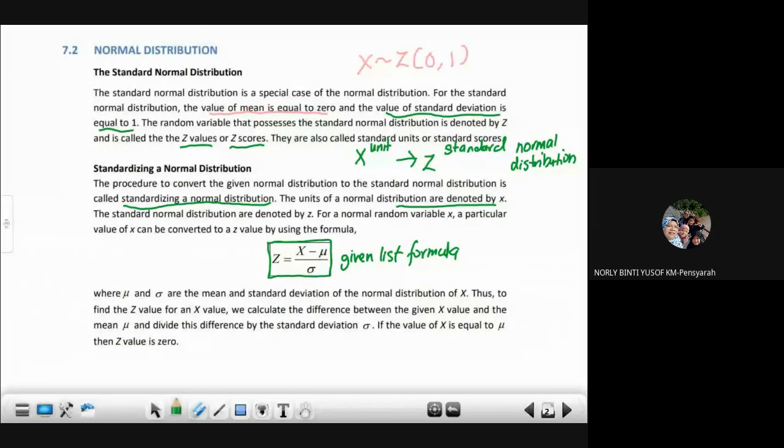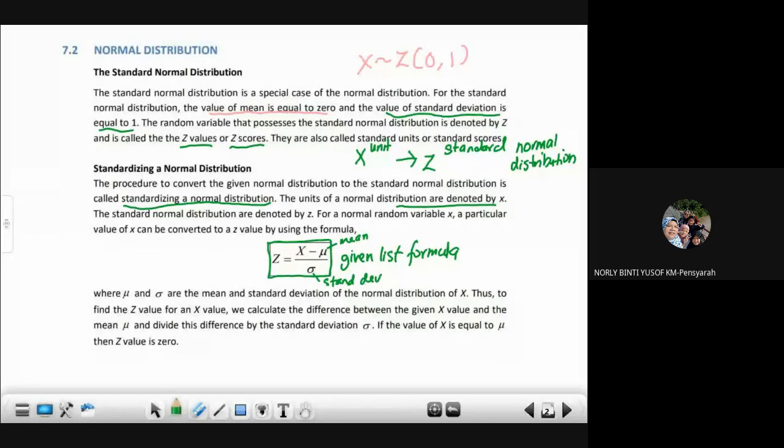For a normal random variable X, a particular value of X can be converted to a Z value by using the formula: X minus the mean, divided by the standard deviation.